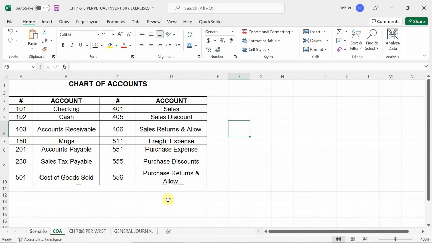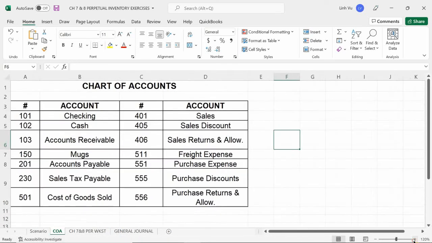So in this case, taking a look at our chart of accounts, what accounts are we going to be using for this transaction? Mark 150. Okay. And then since we're buying it on the account, we have to use accounts payable.